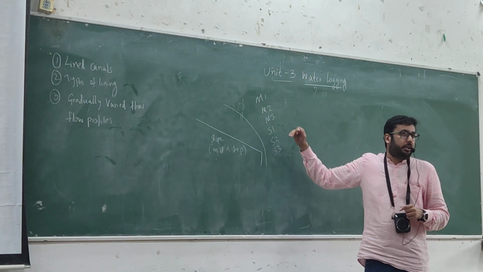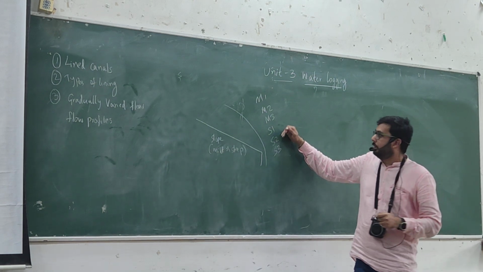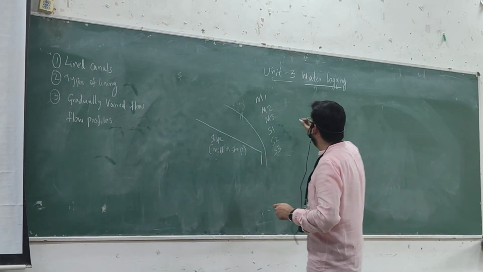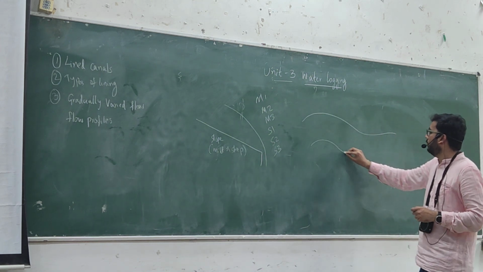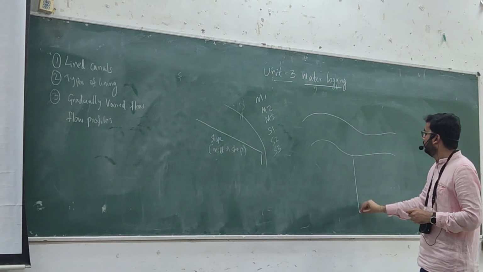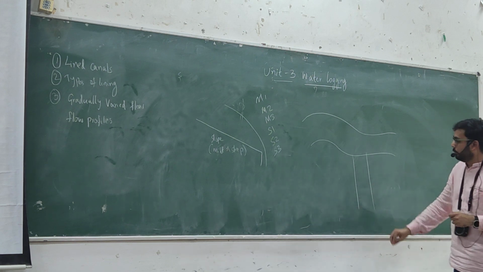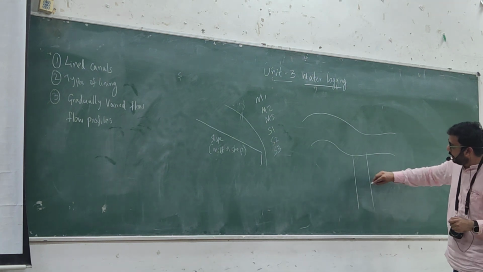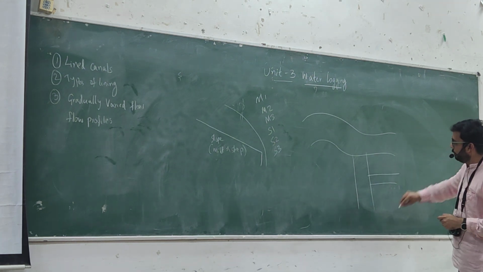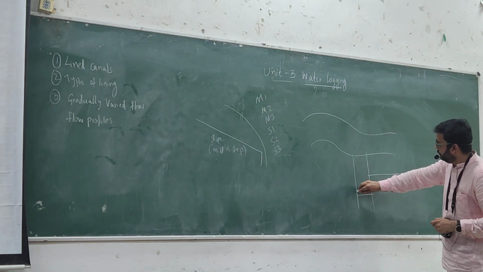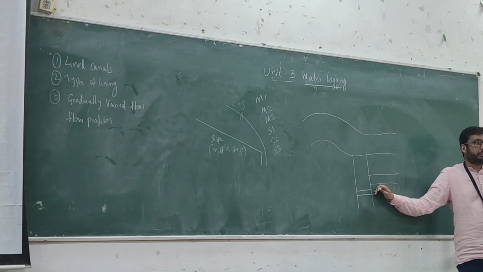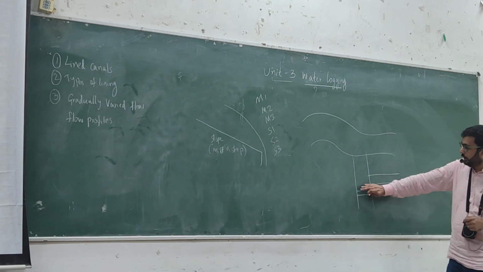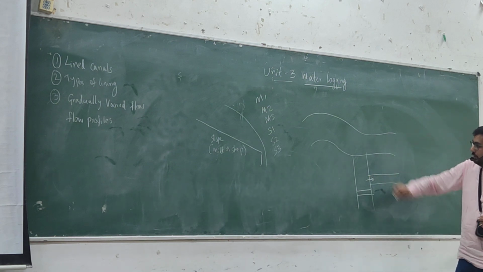Now, I want to bring this concept because we are designing canals, and let's say we have a river. And this is our main canal, and we have an off-taking canal or a branch canal. And you have to build, let's say, a weir or any structure so that the water level rises and then flows into this.